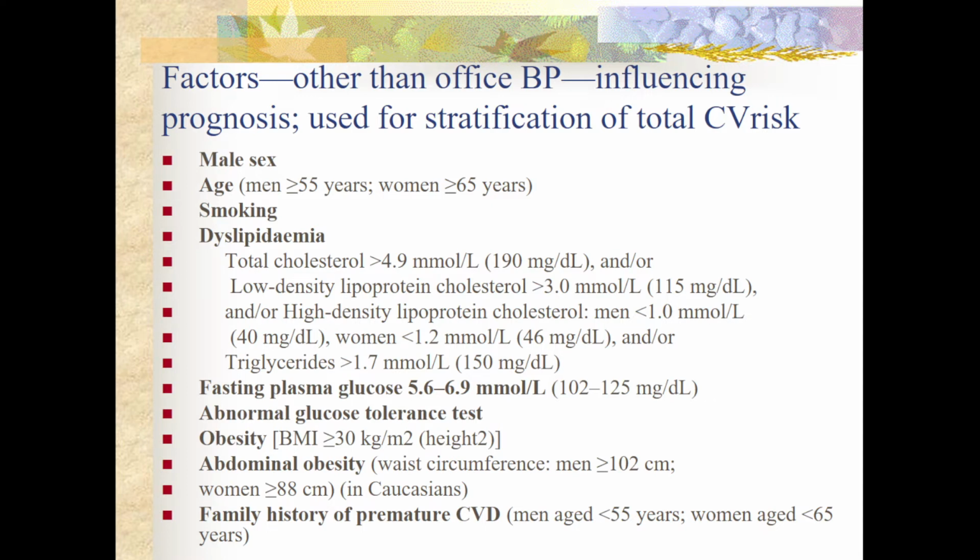Dyslipidemia: total cholesterol more than 4.9 millimole per liter, and or low density lipoprotein cholesterol more than 3 millimole per liter, and or high density lipoprotein cholesterol, men less than 1 millimole per liter, women less than 1.2 millimole per liter, and or triglycerides more than 1.7 millimole per liter.